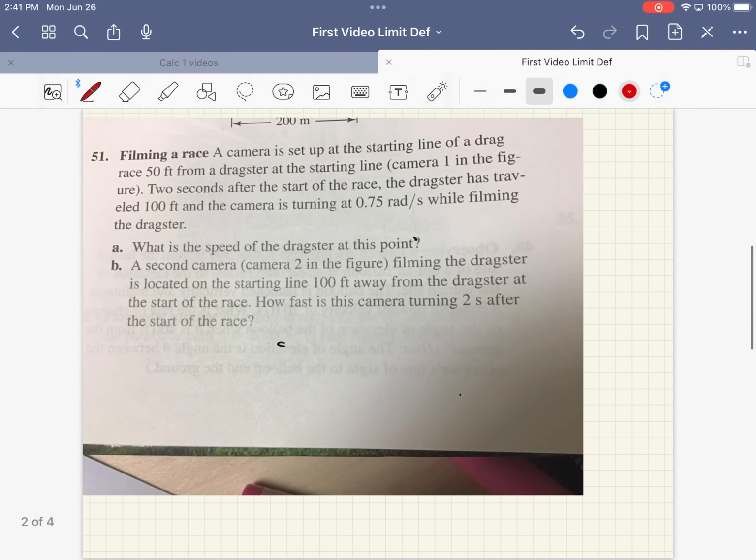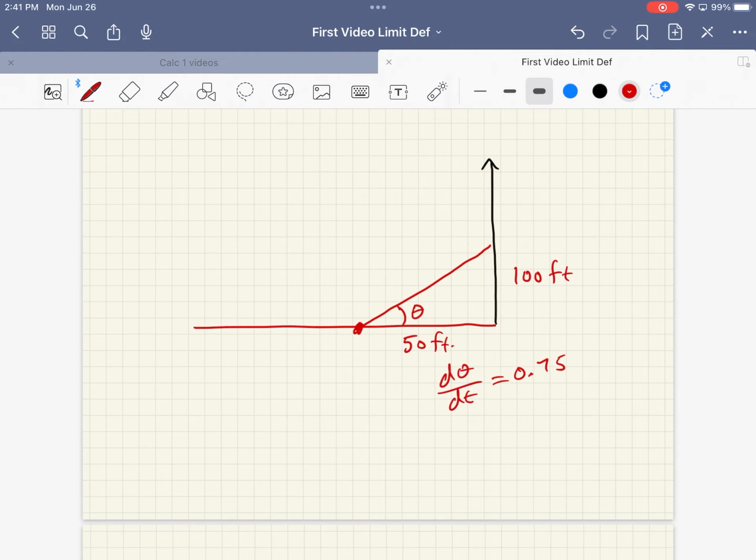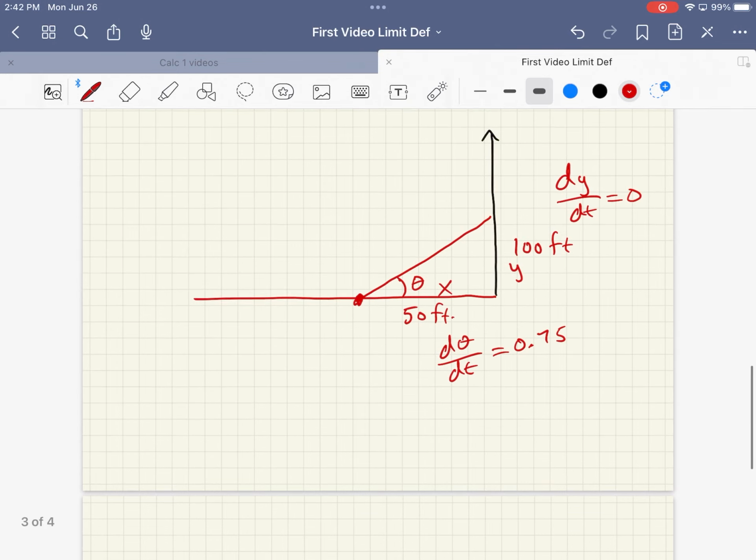And the first question asks us, what is the speed of the dragster at this point? Okay, so if I call this y here, then I want to know what is dy dt. So what I need to do is set up some equation that deals with theta and y, and if I call this x, that deals with theta, y, and x.